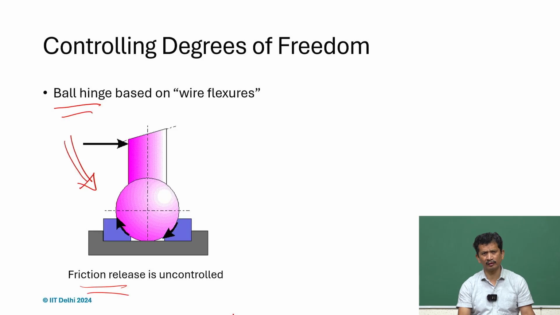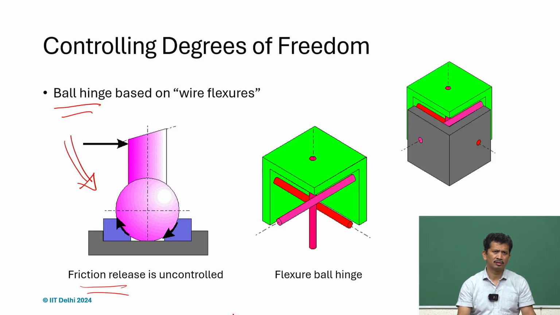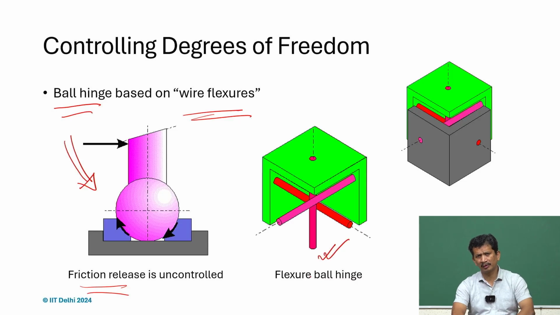Of course, if it is for a small range of motion, we can find an equivalent using wire flexures, with wires or cables in the 3 perpendicular axes. Here it will be a little offset, because they cannot cross each other, otherwise the properties will change. So, they have to pass side by side.